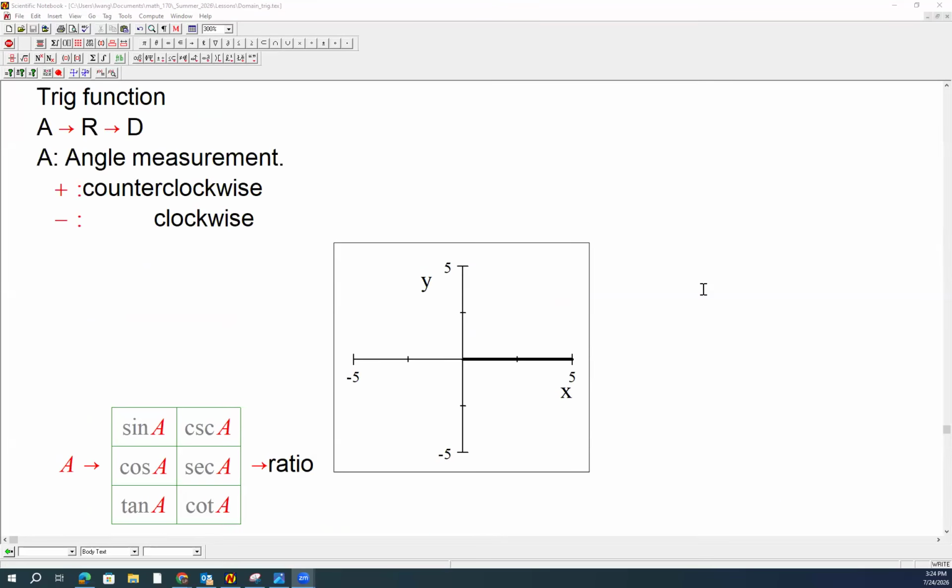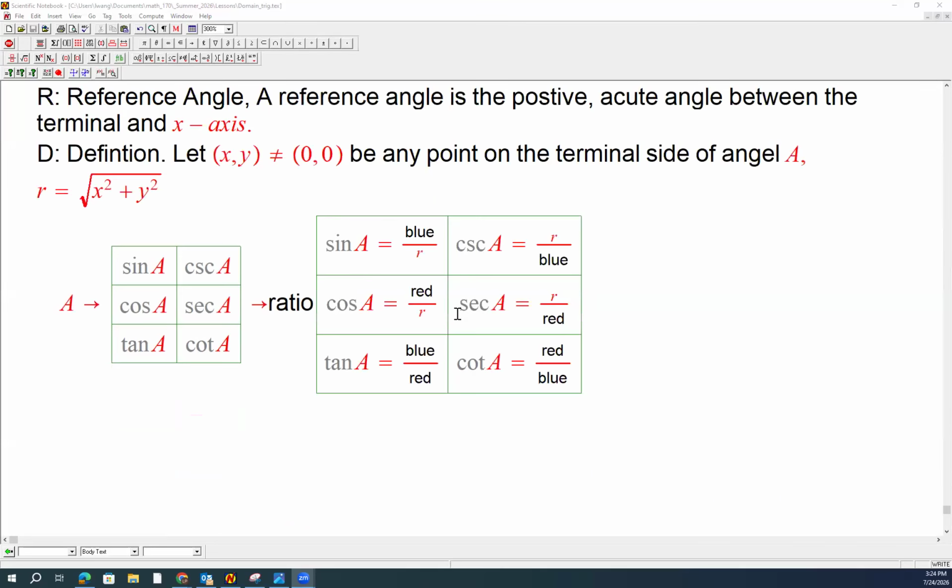And we know that ARD is essential for trigonometry, where A is about angle measurement, R is about reference angle, and D, of course, is the definition of these functions. So when we're determining the domain of these functions, first let's look at sine and cosine.